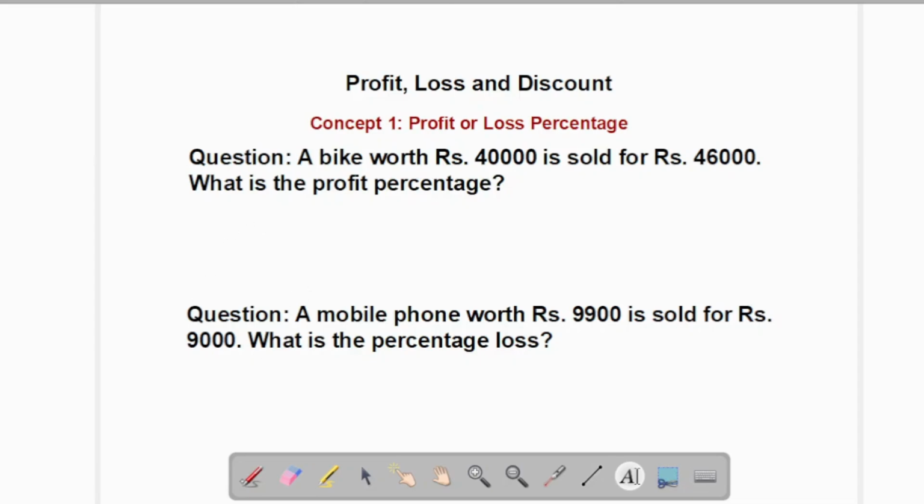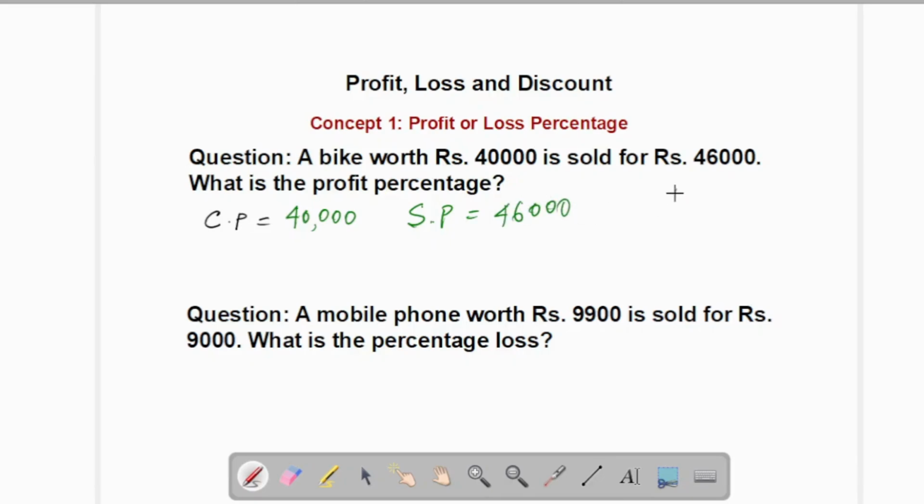Whenever you are calculating the profit percentage, you need to consider the cost price, that is CP. In this case, the cost price is 40,000. And what is the selling price of the bike? The selling price is 46,000.